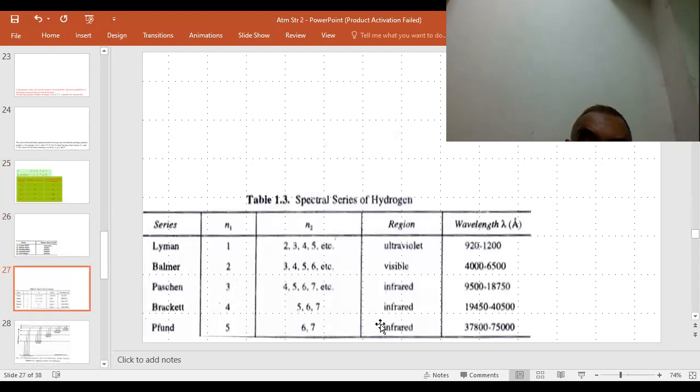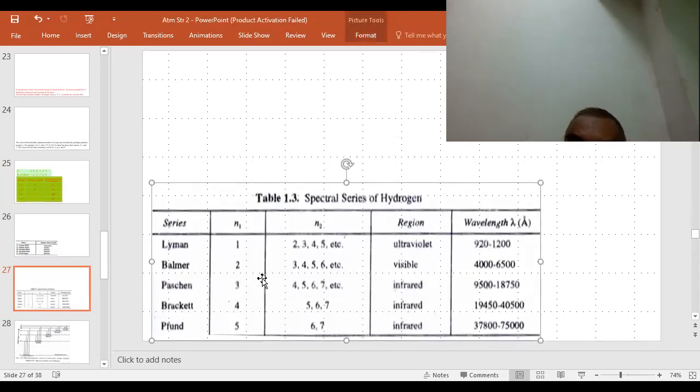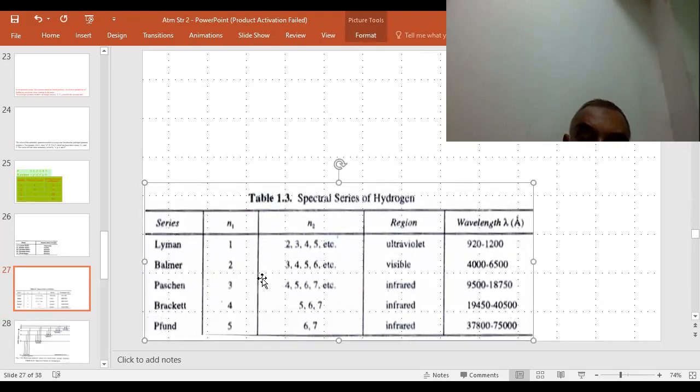In the Lyman series, the electrons are coming down from the second, third, fourth energy level to the first energy level, that is the ground state. And Brackett is 4, 5, 6.